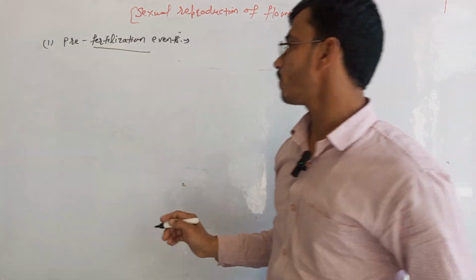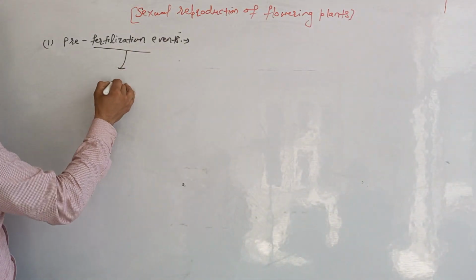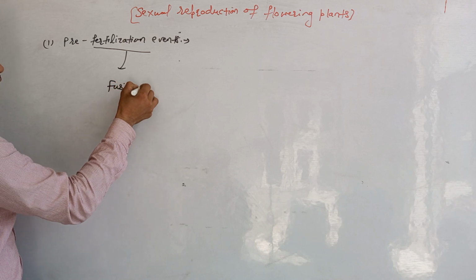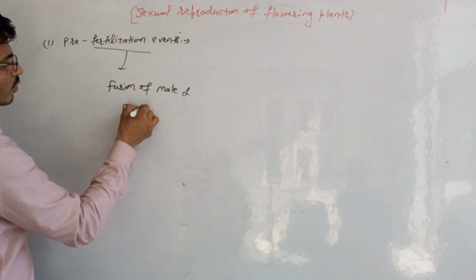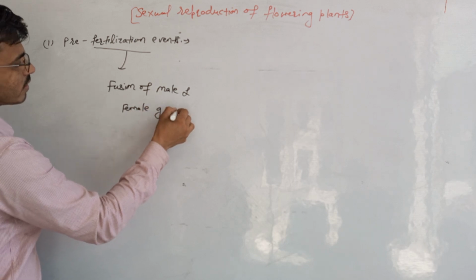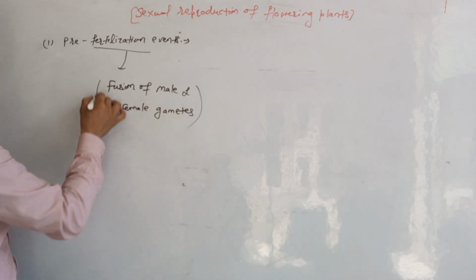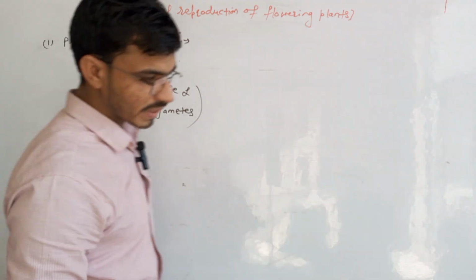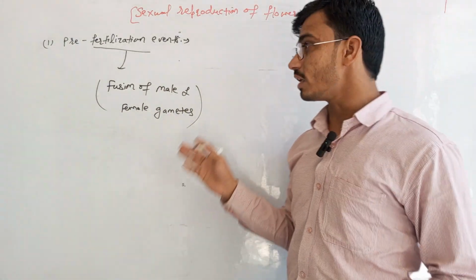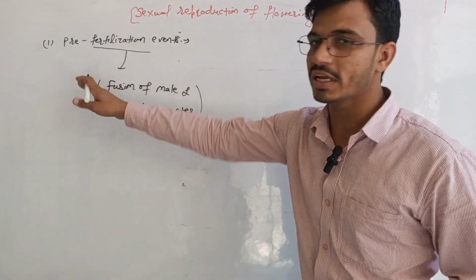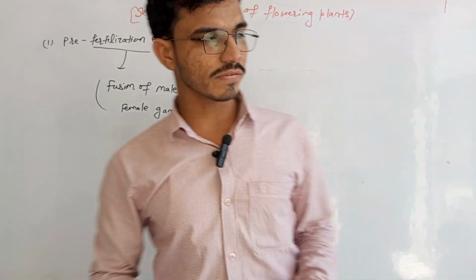Fertilization is the process of fusion of male and female gametes. But pre-fertilization events are the processes or events that occur prior to or before the fertilization process.